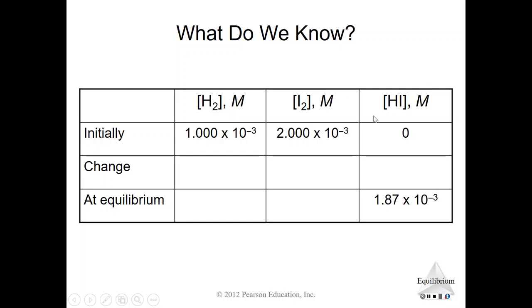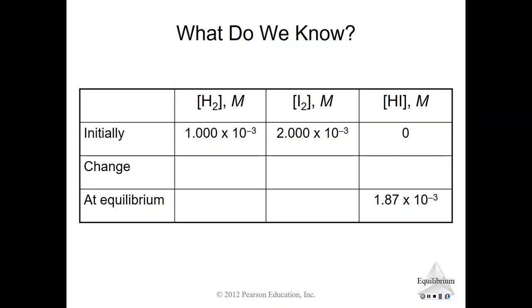This is our setup for an ICE table. ICE tables for the rest of this chapter are going to be a necessary evil that you're going to come to hate, but they are super easy and make your life easy. All that big, jumbled-up wording that looks like a really complicated problem, I'm putting into a chart format: my initial concentration, whatever it's going to change, and what's at equilibrium. This is what we know.